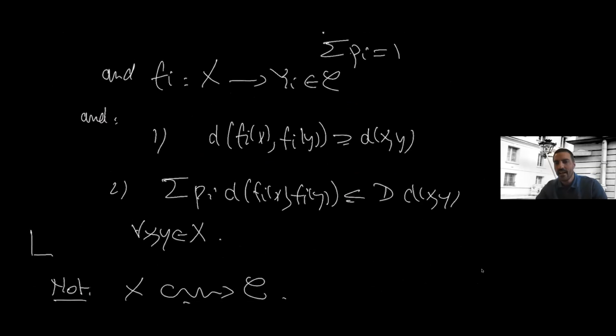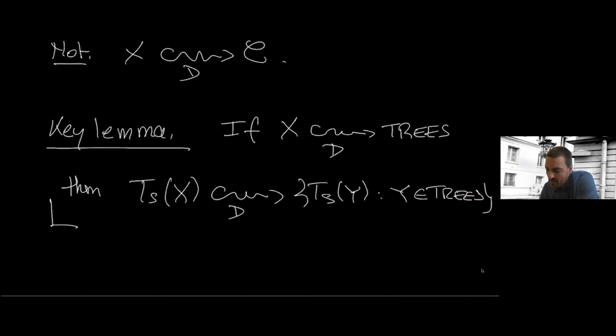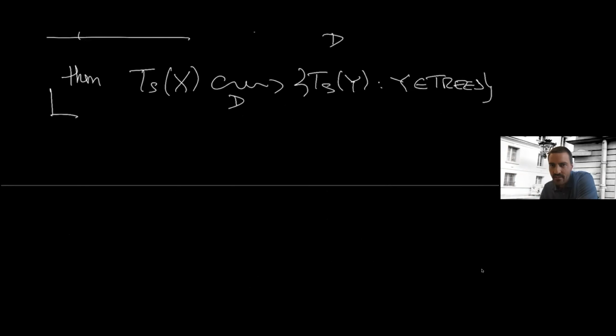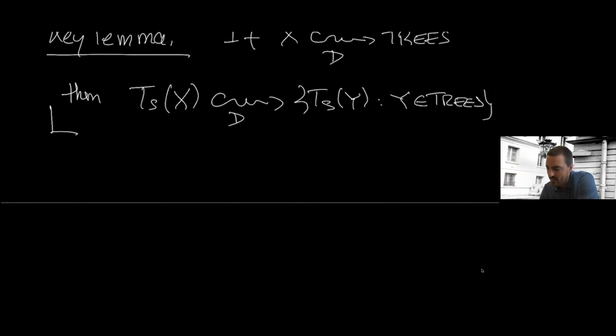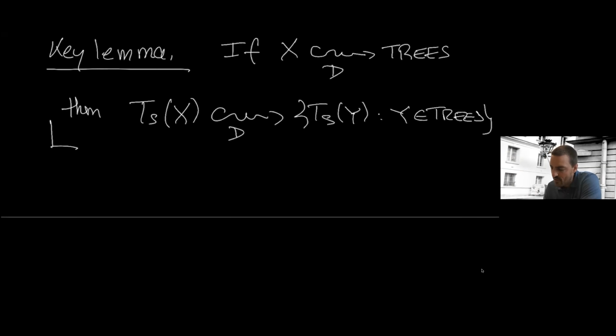Because of this, you have a one-to-one correspondence between traveling salesman paths in X and traveling salesman paths in the image of X in the Y_i. Then you just do a little bit of computation and you realize that this is true.